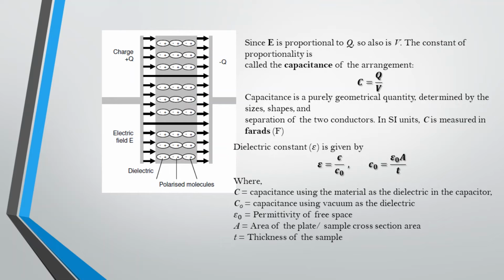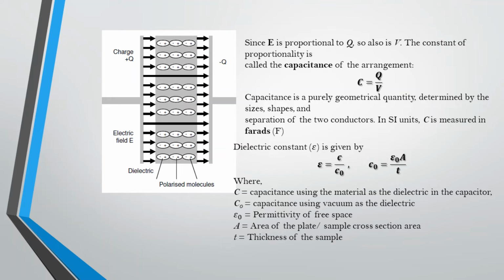If two conductors are separated by dielectrics, it will act as a capacitor, and the capacitance is defined as the charge capital Q over capital V, because capital E, that is the electric field, is proportional to the charge and to the potential, right?